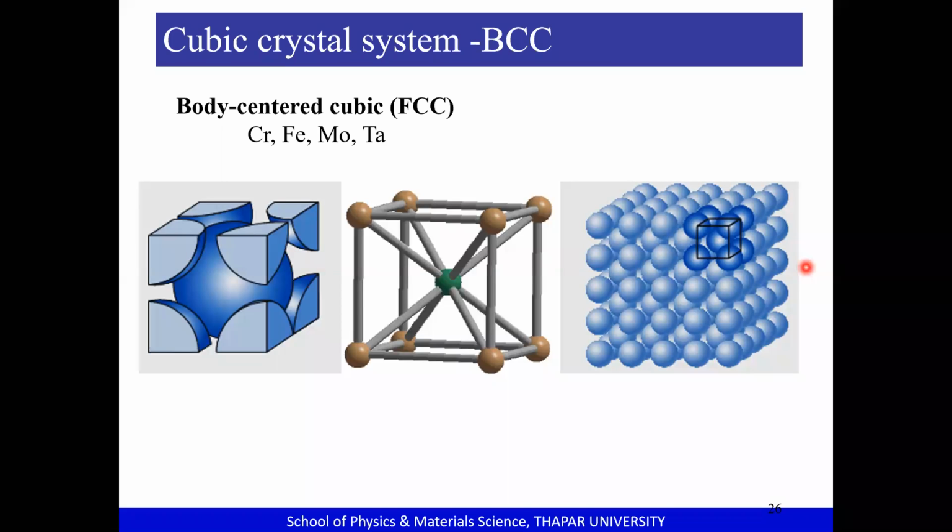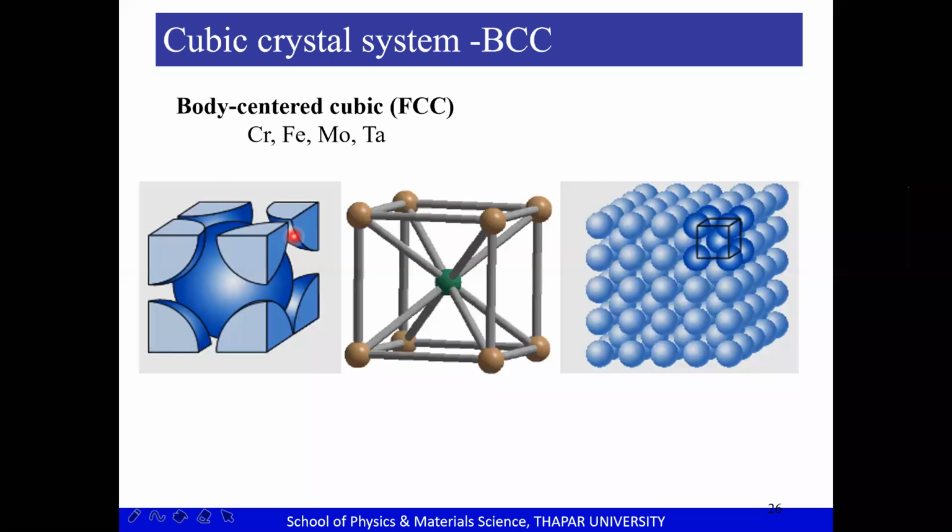You can visualize a body centered cubic unit cell as the lattice points making the corner sides as well as the center of the cube. And with closest possible approximation, you can visualize it to be like this, where you have corners occupying the unit cell, and then there is one central atom.